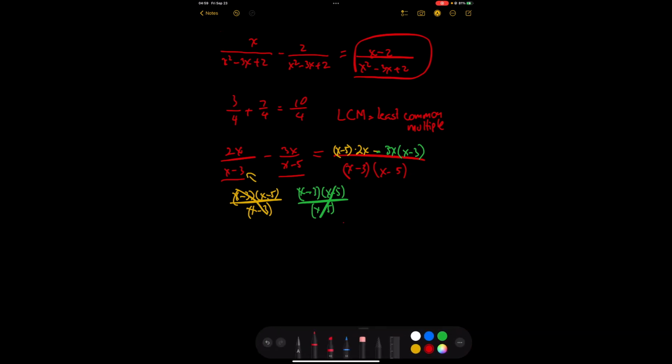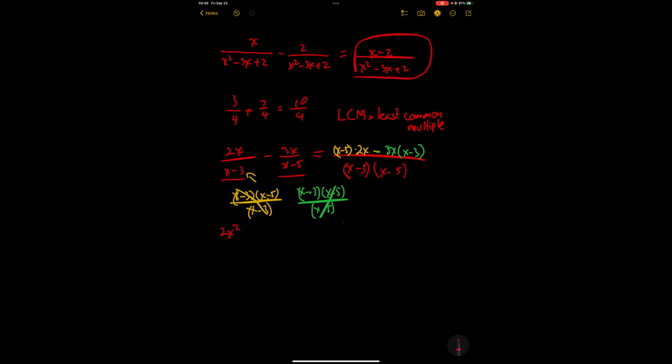So what do we get now? Now we're going to add the top part. 2x times x is equal to 2x squared, minus 2x times 5 is equal to 10x, minus 3x times x is equal to 3x squared, and minus 3x times minus 3 is equal to positive 9x. All that over x minus 3 times x minus 5.